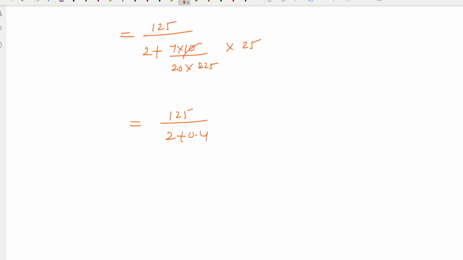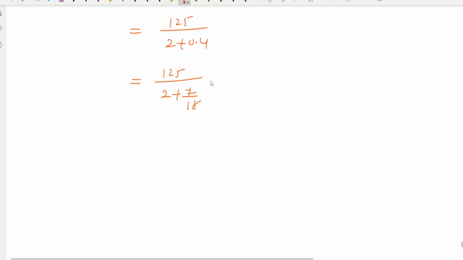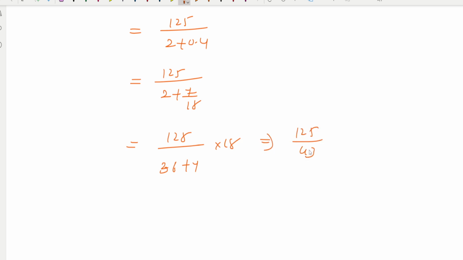You cancel all these things, then you can get here 9. This one is 5. Okay. 125 divided by 2 into this one is 7 divided by 18. 125 divided by 18 and 125 divided by 43 into 80. That is roughly approximately equal to 52.08. So this is the final answer.